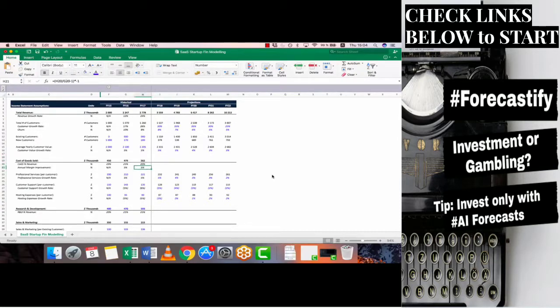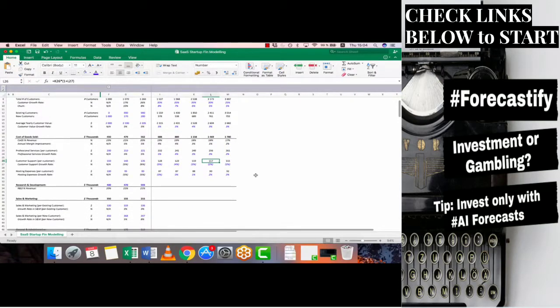So now here we just can simply copy the formula and calculate. Calculation is exactly the same here. Here you go. So let's move on to research and development.